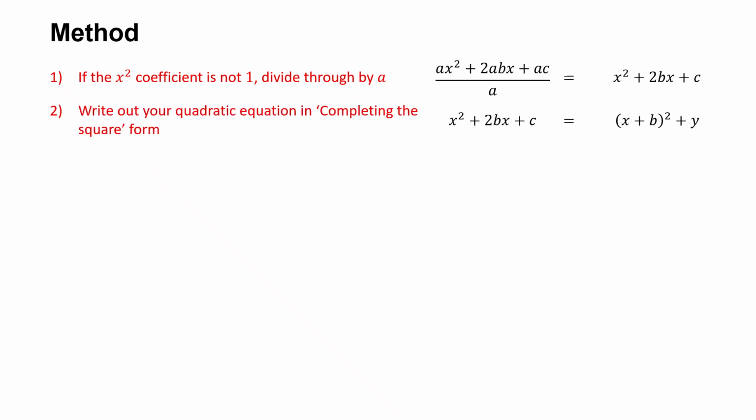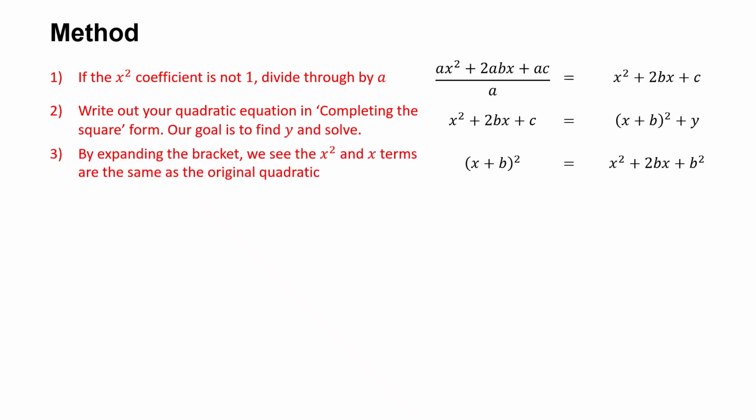we're going to write out the quadratic equation in the completing the square form. As I said, when we have x squared plus 2bx plus c, we can write this as x plus b squared plus y. What we're going to do now is take this right hand side and expand the bracket. So what happens when we expand this bracket?